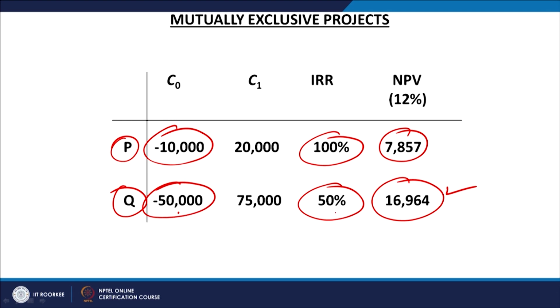Under the NPV criterion, project Q is better; under IRR, project P is better, whereas the NPV of project P in absolute value is much lesser as compared to project Q. So, you can call this not very clear, confusing results, because of the lack of clear-cut values of the internal rate of return being comparable with the net present value. So, this is the second limitation.